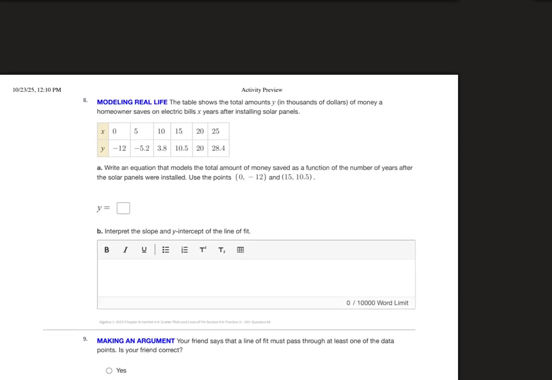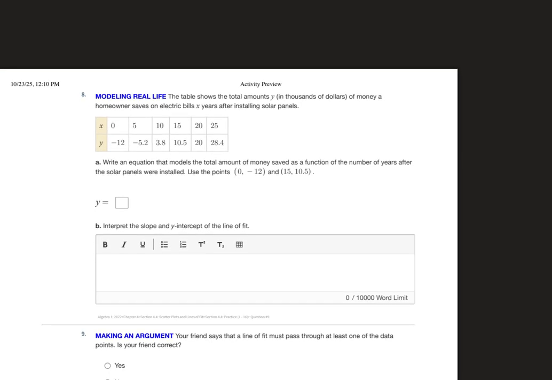Number 8, the table shows the total amount Y in thousands of dollars of money a homeowner saves on electric bills X years after installing solar panels. Write an equation that models the total amount of money saved as a function of the number of years after the solar panels were installed using these 2 points.